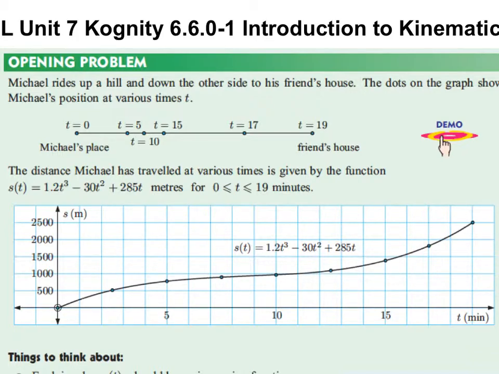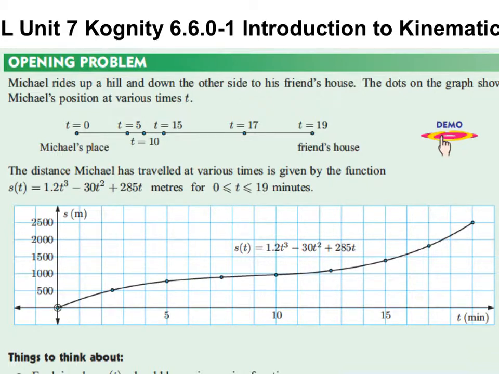So this graph down here is another way of representing what you see on that number line up there. By the way, notice this graph also shows a cumulative distance traveled, or displacement.